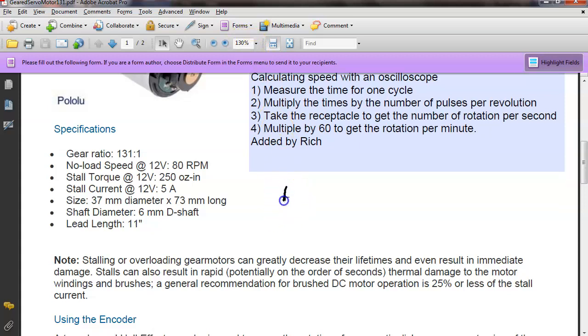We took the, what did we start? 1.7 milliseconds, right? And then we multiply that by 131, which would give us the time on our output shaft, right? And what do we come up and get? So what's the next thing we're going to do? So that's the time for milliseconds, right?